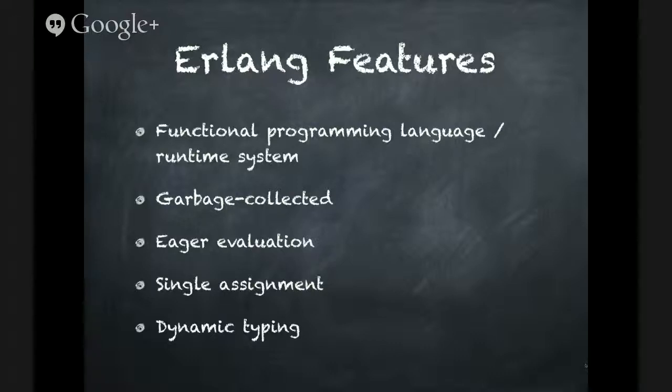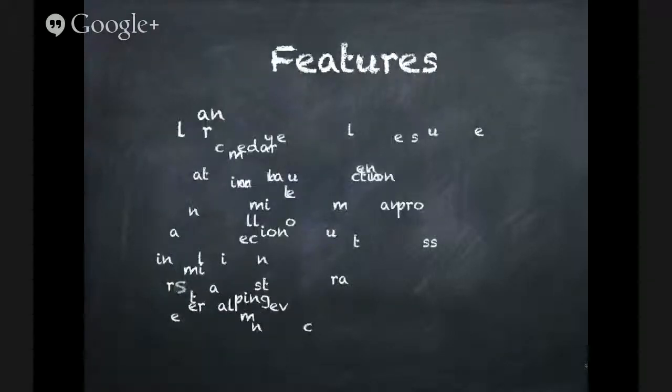And once that variable is bound, you can't change it at that point. Dynamic typing basically just means that every variable is bound to an object and not a type. That's kind of different from some of the languages we're more used to.